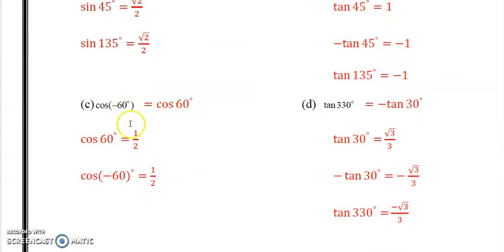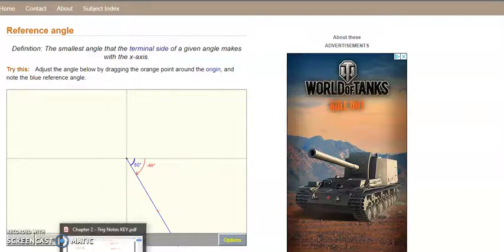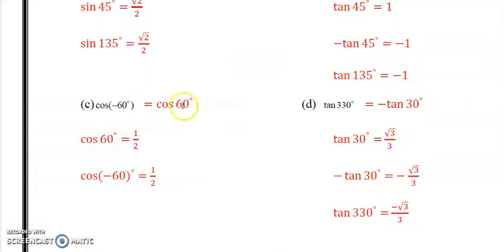And then the cos of negative 60 is equal to cos of 60. If you do recall, negative goes clockwise, right? So we got cos of negative 60 is equal to cos of positive 60, and that is due to the fact that in quadrant 1, cos of 60 is positive, and in quadrant 4, the cos of negative 60 is also positive. So that is why these are equal. 1/2.